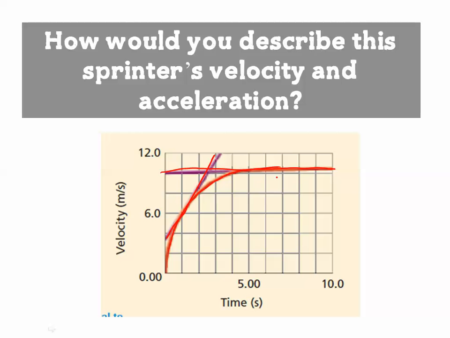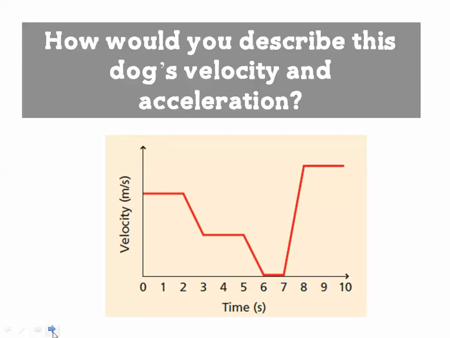You do not have constant acceleration. So we can get our instantaneous or average accelerations if we want to, by finding the slope of those two tangent lines.